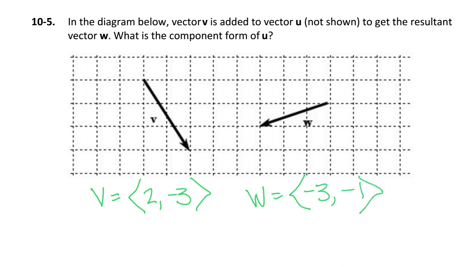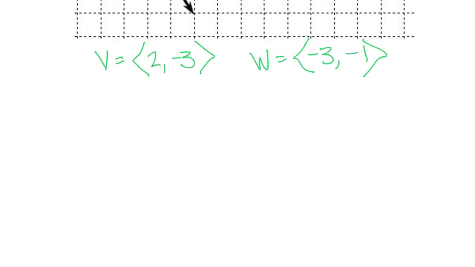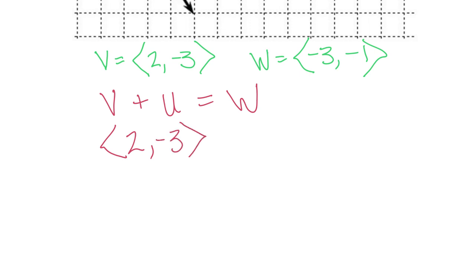So what this question is asking us to do is to start with V, add something to it to get W. Well, let's think mathematically here. If we start with V, add something to it, which they're telling us to call U, and we get W. Let's talk about our components. So this is going to be 2, negative 3, plus some x and some y, I don't know what those values are yet, is going to equal negative 3 and negative 1.